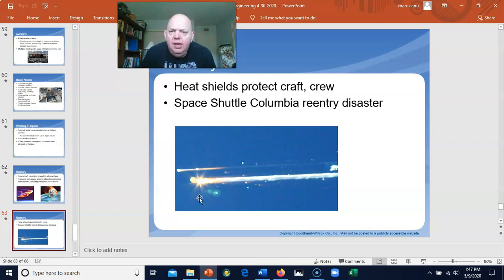A few of the tiles popped out. I'm not sure where it popped out. The astronauts noticed it when they went on a spacewalk, and they noticed a few of those tiles were missing. Those tiles were the heat shields.